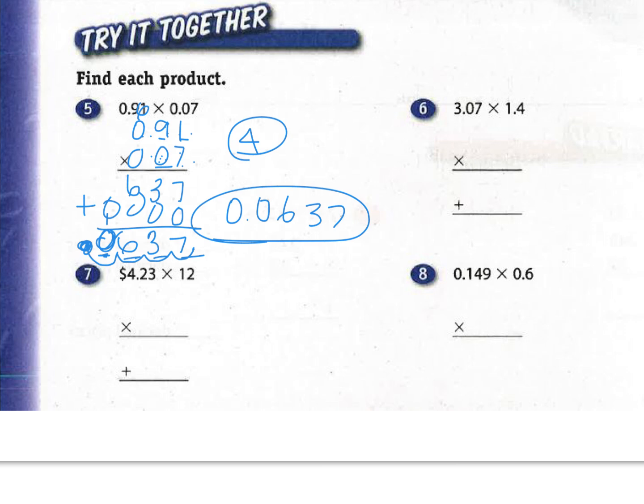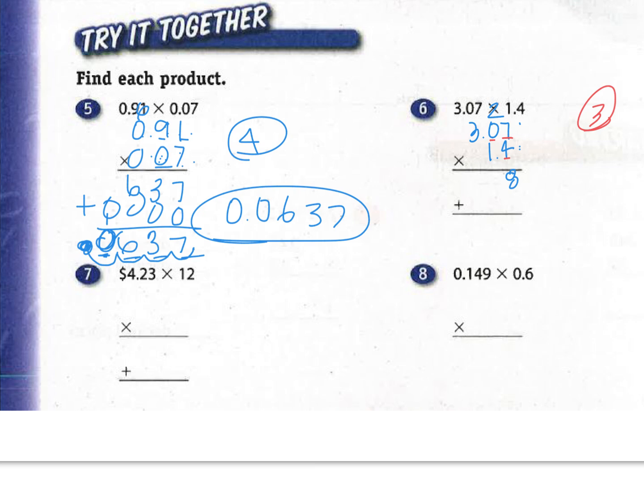All right, here we have 3.07 times 1.4. Remember, the decimals don't need to line up. That's okay. We have 1, 2, 3 decimal places that we'll need to move at the end. So now I can multiply as whole numbers. 4 times 7 is 28.